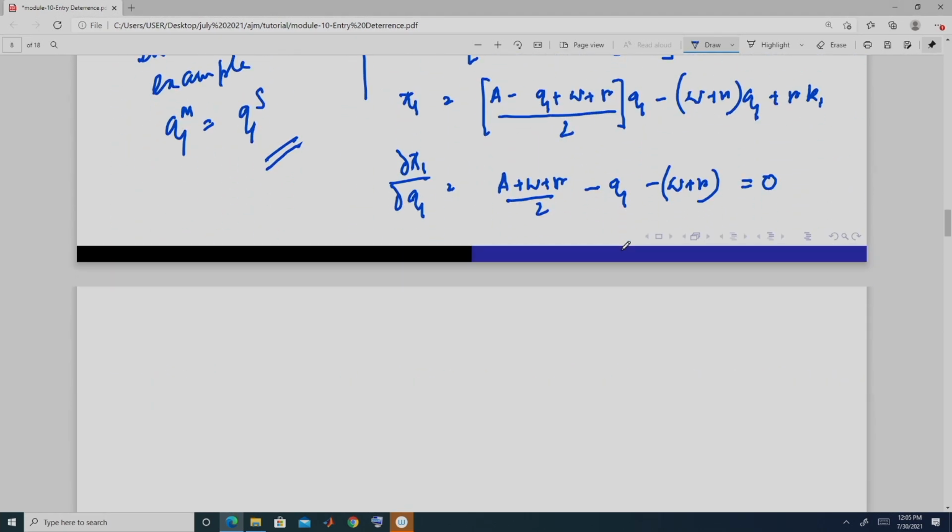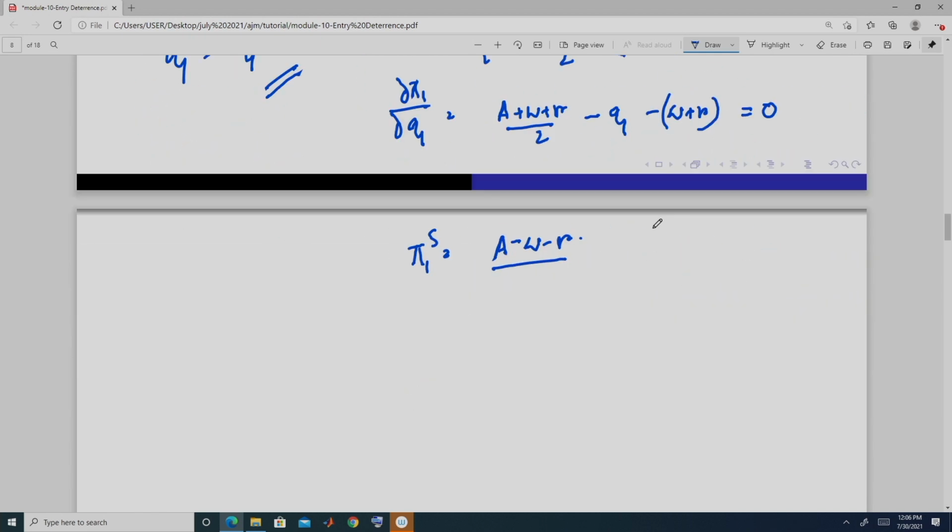So, profit of firm 1, in this case output is this.